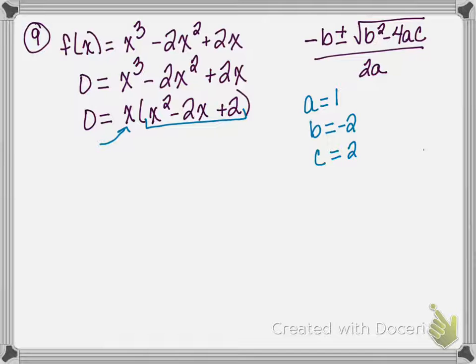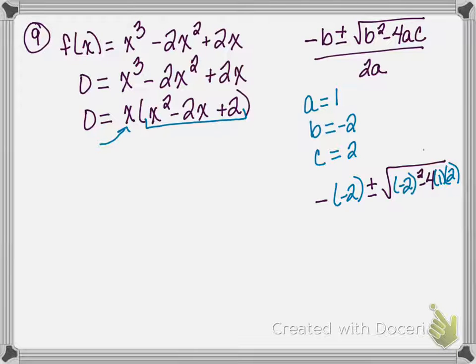So I have negative negative 2 plus or minus the square root of b, which is negative 2 squared, minus 4 times a times c.